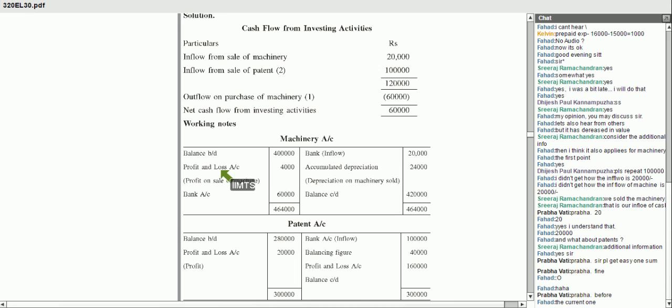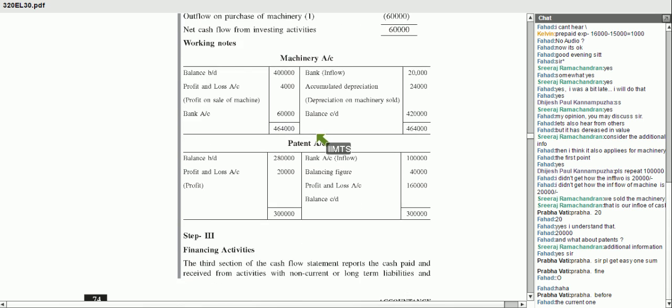Profit and loss account is 4,000. So the accumulated depreciation is how much? 20,000 plus 4,000, which makes a total of 24,000. This is the bank account, 60,000. I don't know how they've calculated. Leave this part.